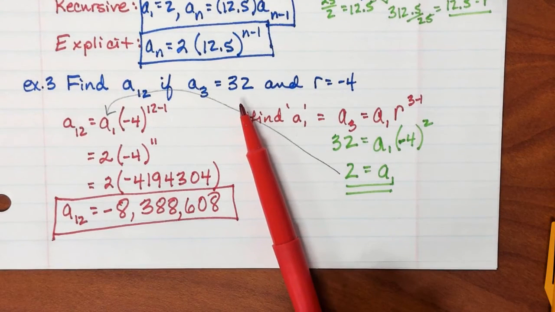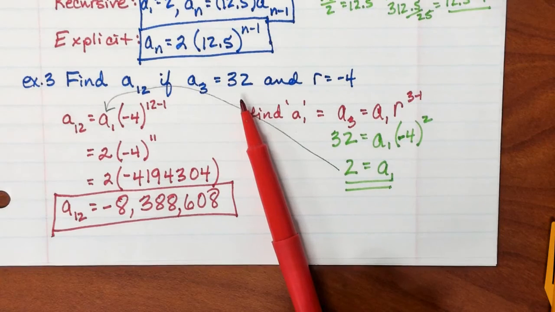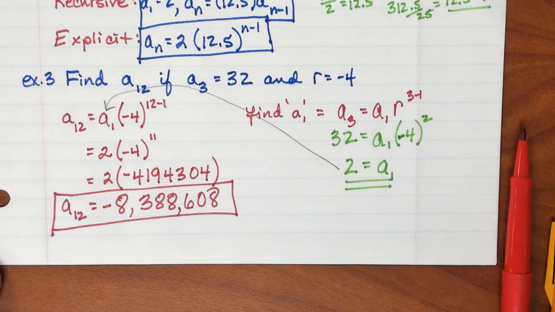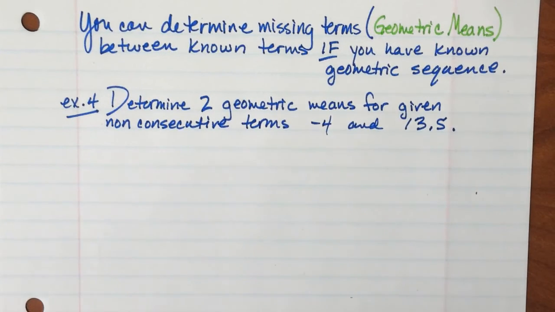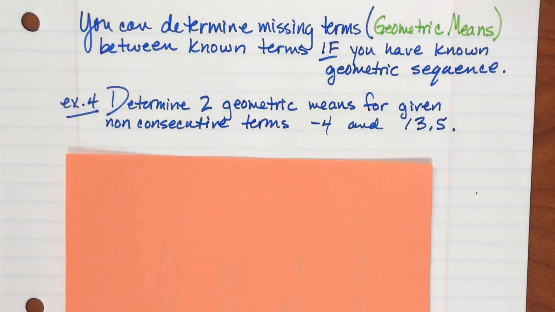Now I want to talk a little bit about something called a geometric mean. Let me set this up for us. You can determine missing terms, which are called geometric means, between known terms if you have a known geometric sequence. So I have to tell you that you have a geometric sequence before you can find geometric means. That's kind of self-explanatory.